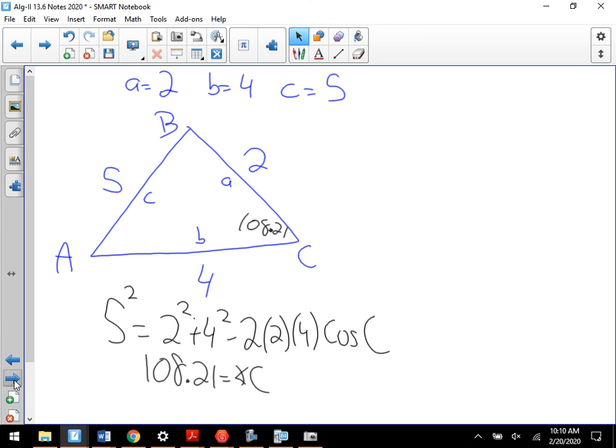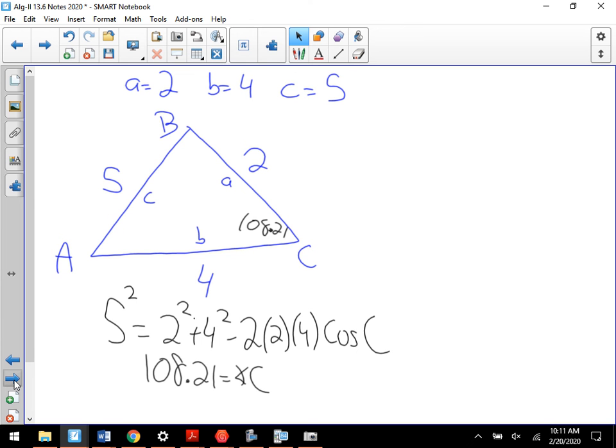In 13.6, write down the sheet over here. I wanted you guys to do this. I brought page numbers, but it's in 13.6.